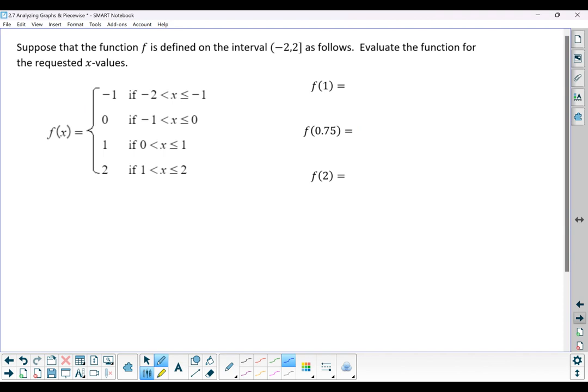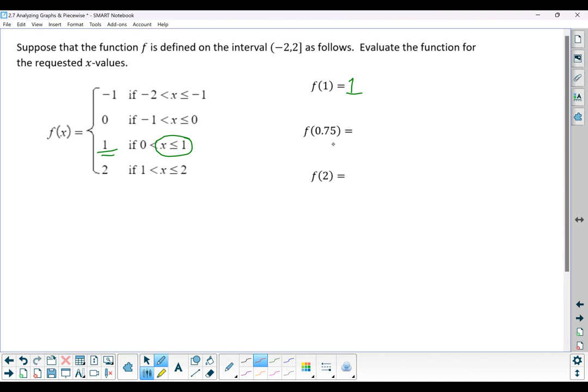A second one, just because in this one, all of the pieces are constant. So I just have to decide which interval it goes into, and then I can get my output. So f of +1, well, +1 is equal to 1, so my function's value is 1.